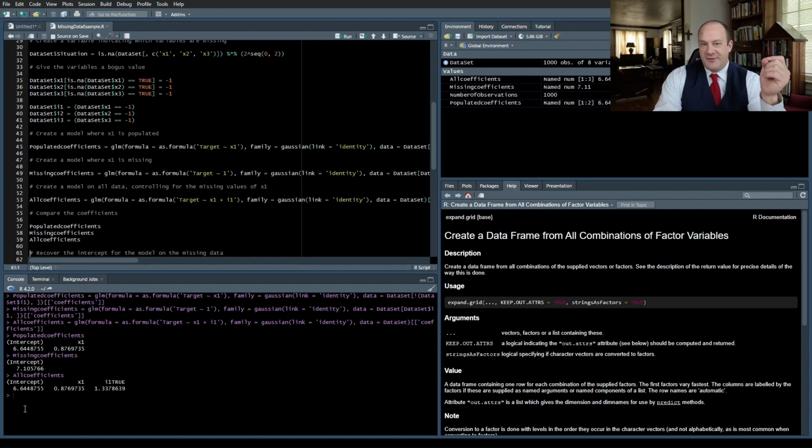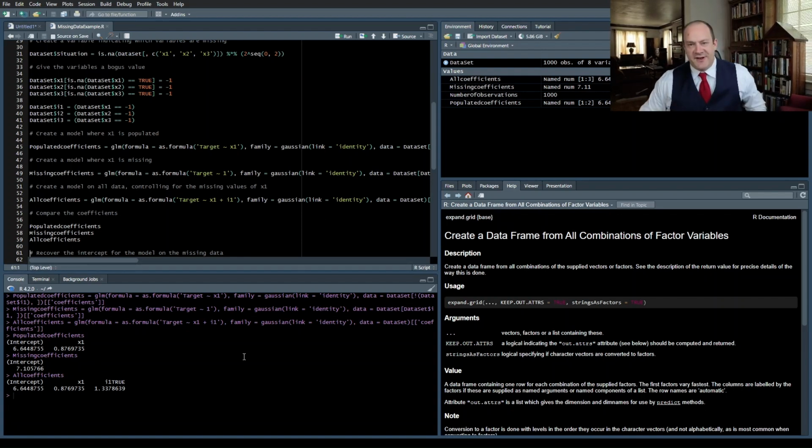And the intercept is coming out exactly the same. But you'll notice that we do not get the same value here. We got 1.33 and 7.10. What happens if we add this to this? We get 1.97. Okay, that's not 7.1.